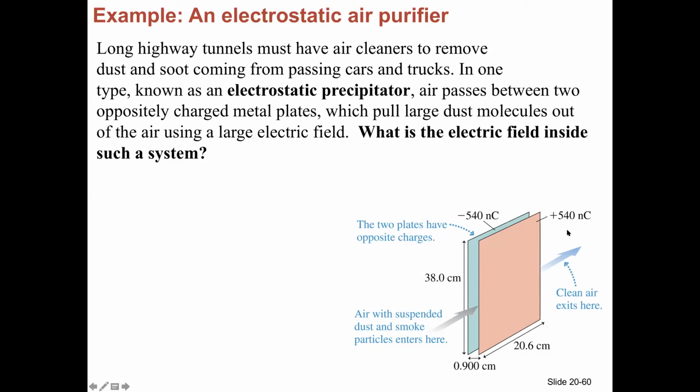And we're given the charge on the plates, plus 540 nanocoulombs on the positive plate, minus 540 nanocoulombs on the negative plate. Our goal here is to find what electric field is inside the plates that's accelerating these dust particles to one side of the plate and collecting them while the air goes through. So we're effectively being asked for that field inside the capacitor plates.